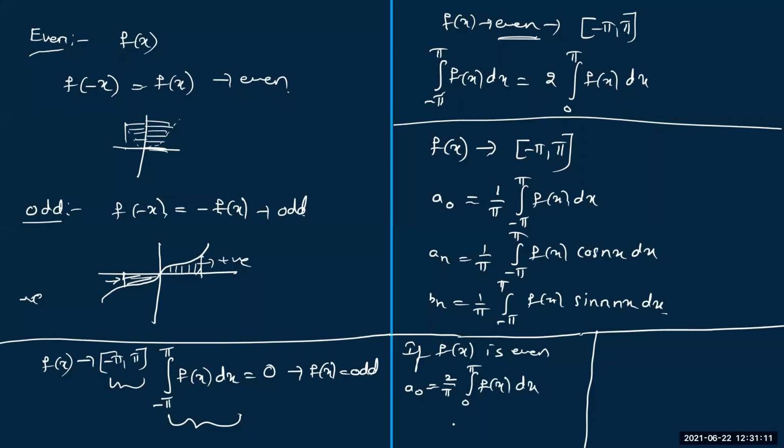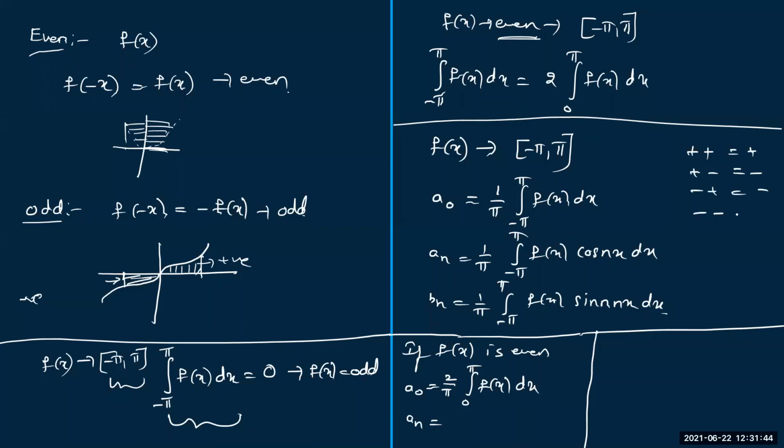Fine. Then anything about a n? See, the function f of x is an even function, and as we know already, the cos function is also even. When you multiply two even functions, the product is also an even function. I hope you remember this idea: plus plus, plus minus. If you consider plus as even function and minus as odd function, when you multiply two positive signs, it is positive. When you multiply a positive and a negative sign, it is negative, correct?